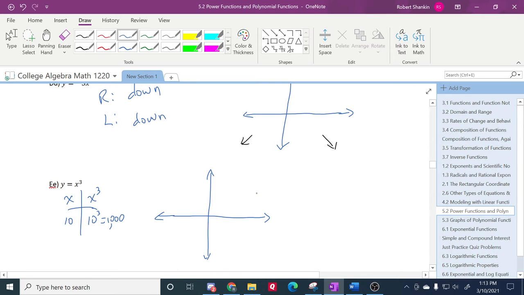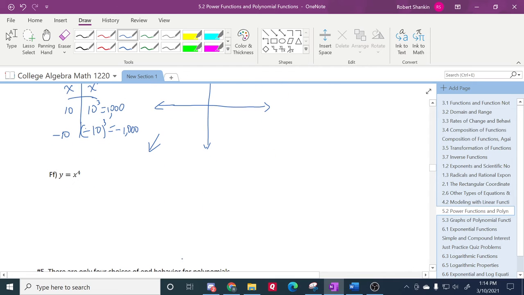It's going to be going up. But if I put large negative numbers, it's still negative. So the outputs will be large negative, so it's going down.